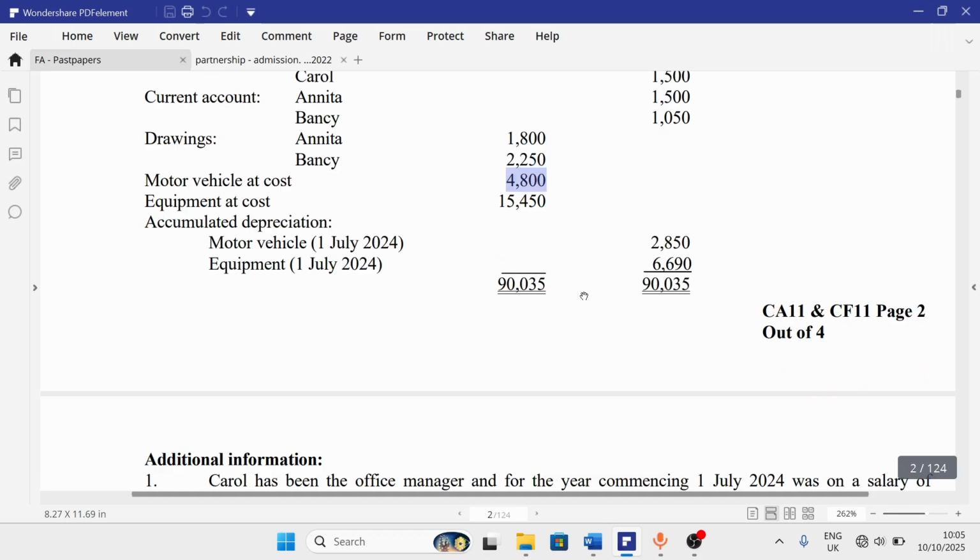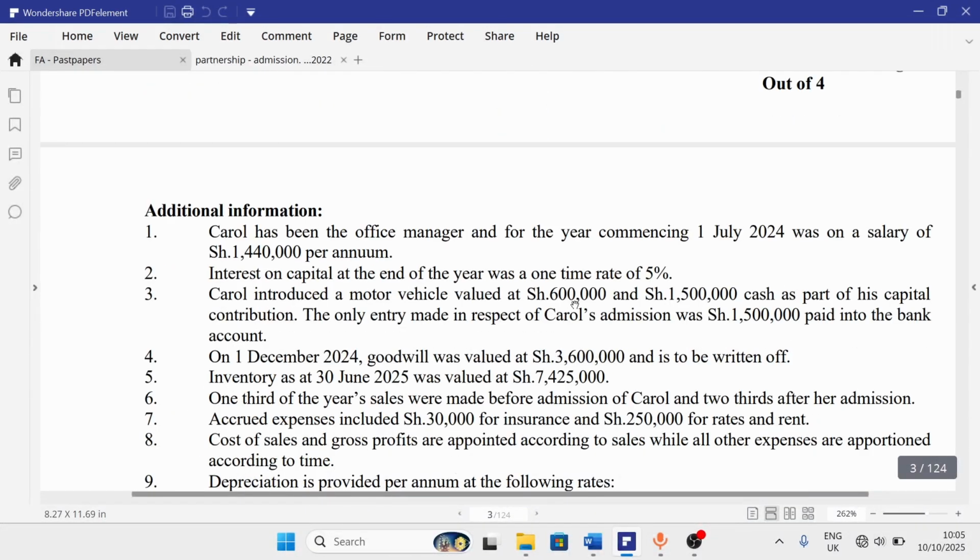But there was another motor vehicle which was introduced by Carol, which we must also consider. According to additional information number 3, Carol introduced a motor vehicle valued at 600,000. So that motor vehicle now belongs to the business, and we have to calculate depreciation for it as well.